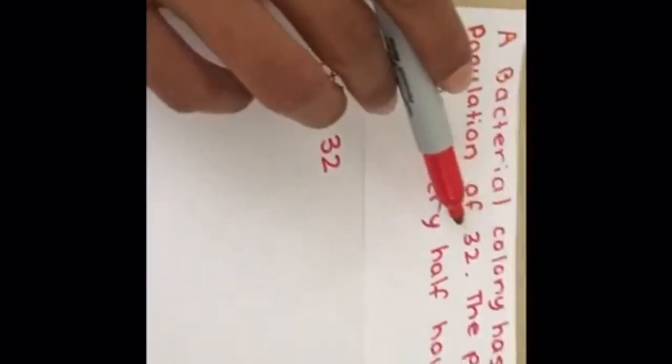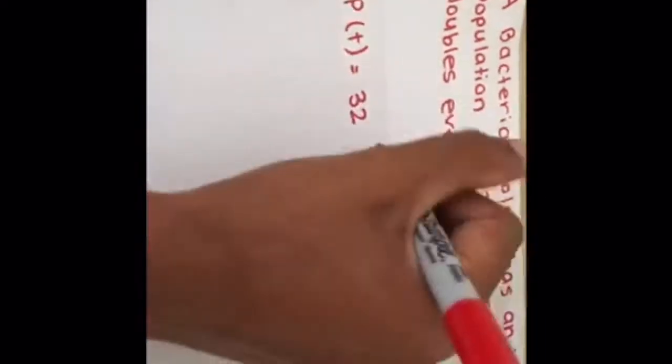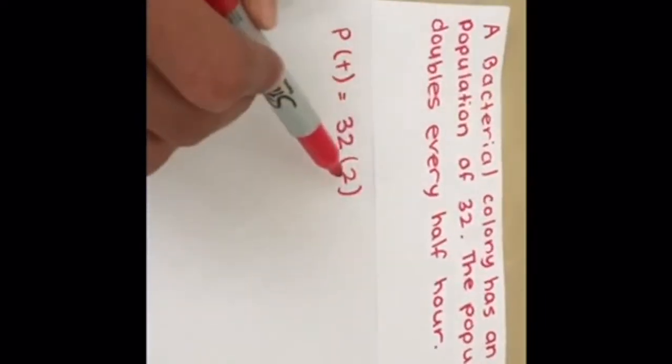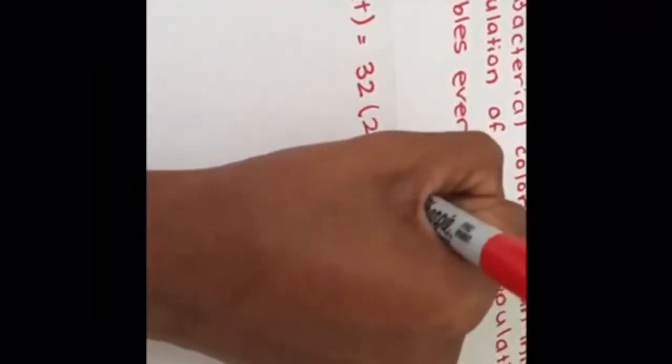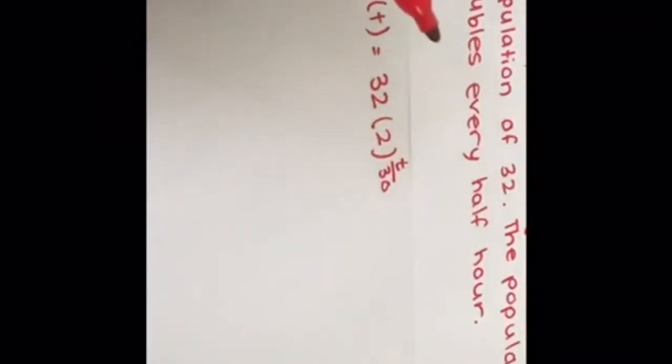So the equation is going to be P(T) = 32, which is our initial population, times 2, because it doubles every half hour, to the power of T over 30. 30 is representing half an hour.